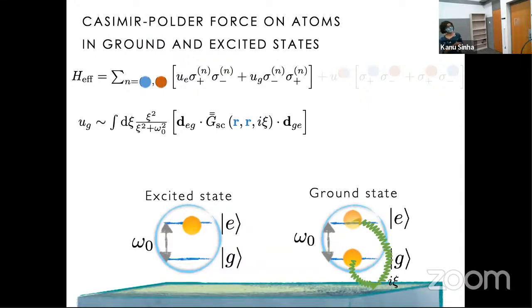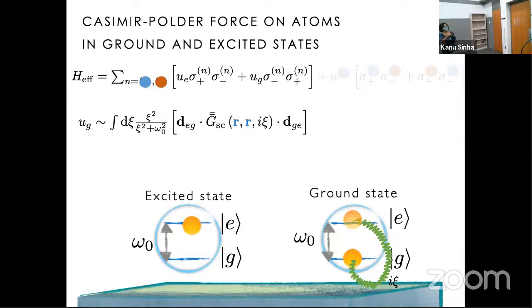And this process is, of course, energy non-conserving. And the shift is given like that, where the G represents the propagator or the Green's function of the photon going from atom to the surface and back. Okay, and here is the atomic polarizability at an imaginary frequency, which is associated with virtual photon processes. And of course, this can happen at any frequency, so there's a broadband integral.